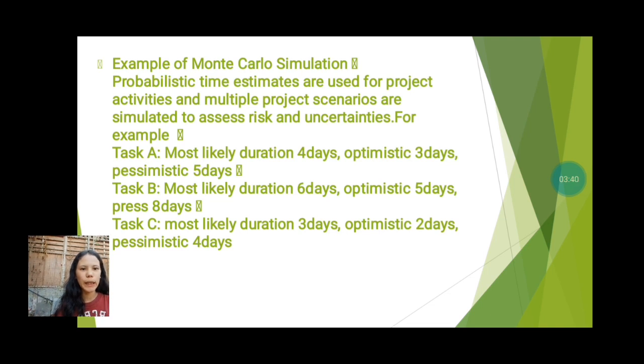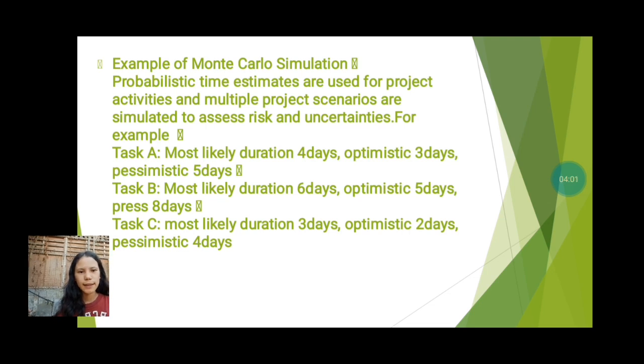For example, task A most likely duration is 4 days, optimistic 3 days, and pessimistic 5 days. Task B most likely duration is 6 days, optimistic 5 days, and pessimistic 8 days.